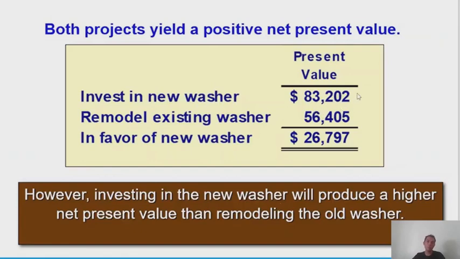You just have to subtract yung present value ng new washer that's invested minus the present value ng remodeled existing washer. So, may diferensya sila na 26,767. And since mas mataas yung present value ng new washer kaysa sa existing washer, then you will invest in the new washer rather than remodeling the existing washer.